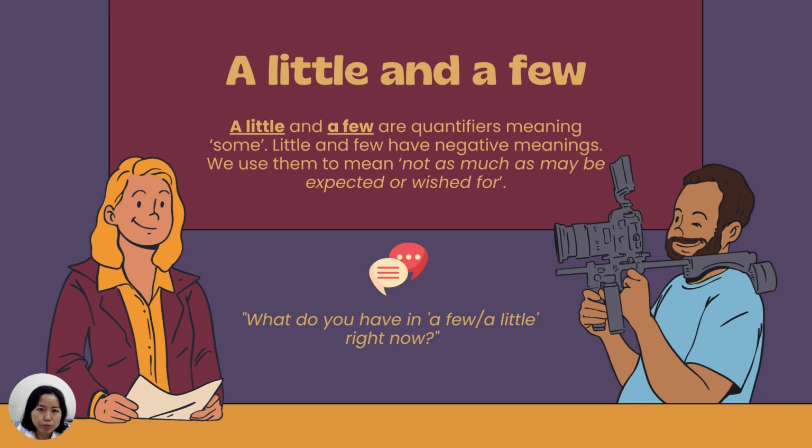We use them to mean not as much as may be expected or wished for. We use them to mean we expect or wish for something in such an amount, but in reality, there is not as much as we expect or wish for.